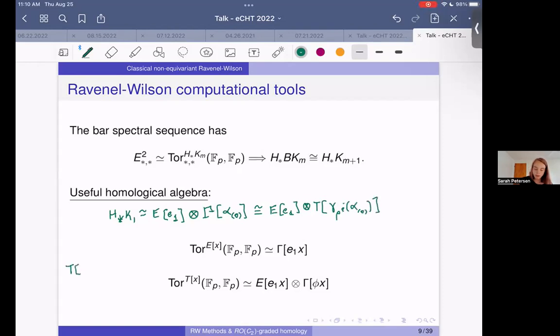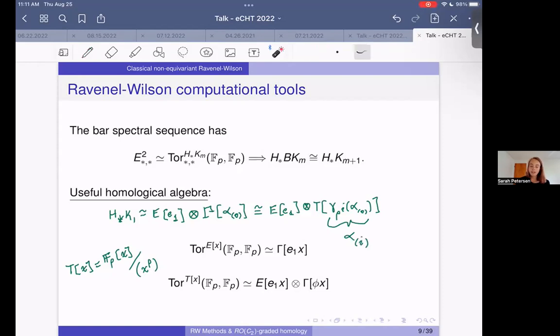So recall that a truncated polynomial algebra is Fp adjoin x mod x to the p. And these are maybe not the nicest names for generators, so we'll simply call these alpha(i).